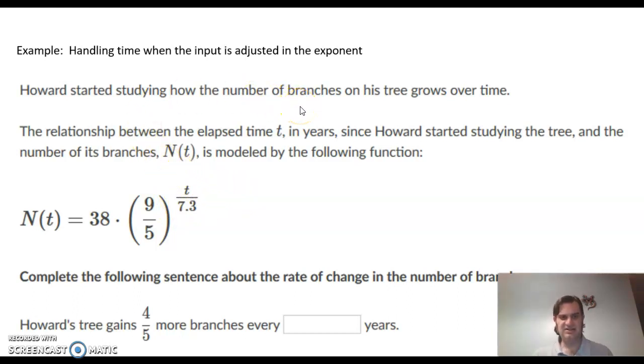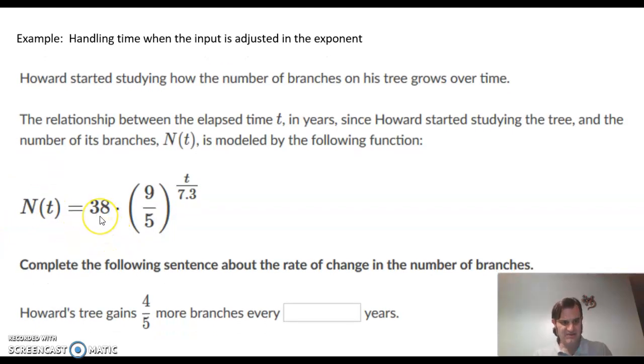Basically it says Howard starts studying how the number of branches on his tree grows over time. Okay, so T is the number of years, and N of T, which is the output, similar to a y, is how many branches after that time. So right here we've got 38, which corresponds to the c in the original problem.